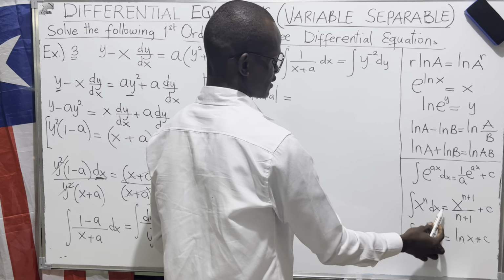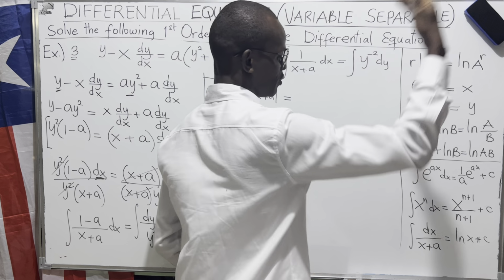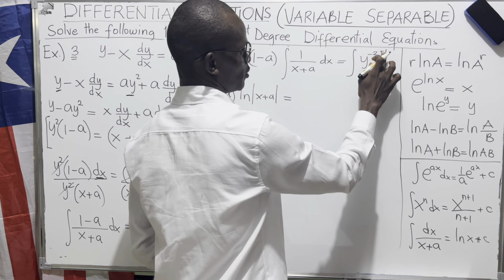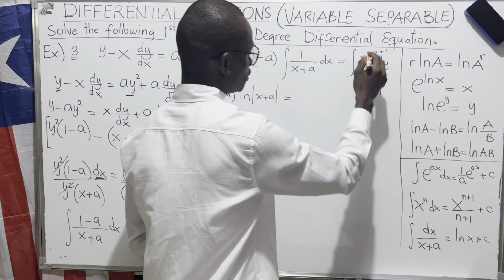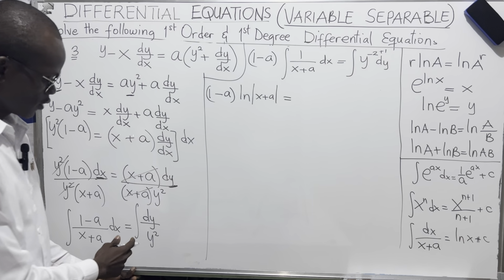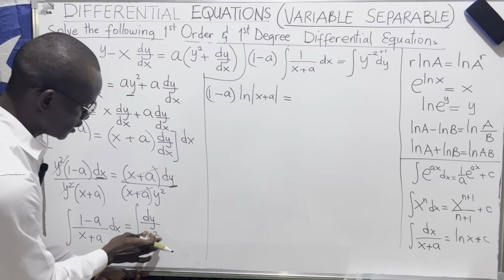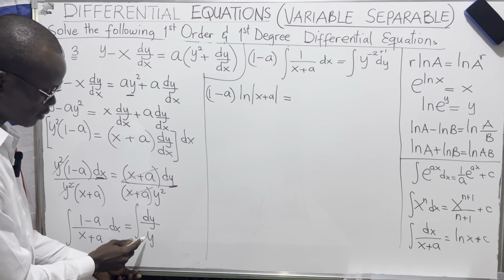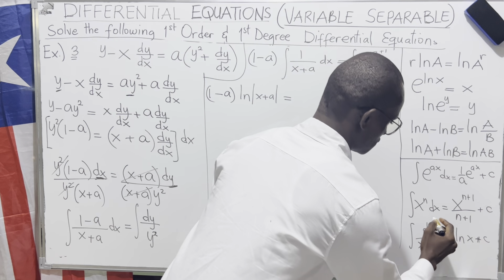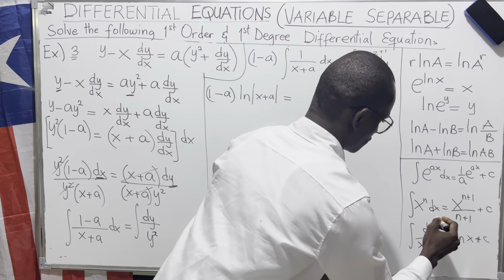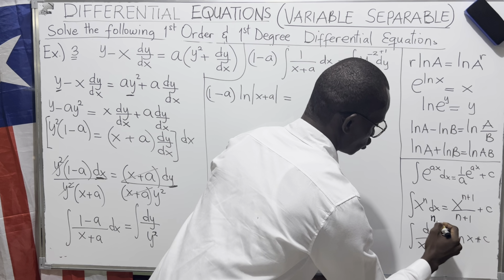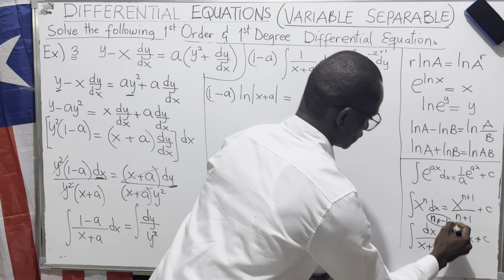The integral of x to the power n dx is just adding 1 to the power and dividing by the new power. So we add 1 to this power, we'll be left with minus 1. The only time you cannot do this is when the power is minus 1, because the property states that n should not equal minus 1.